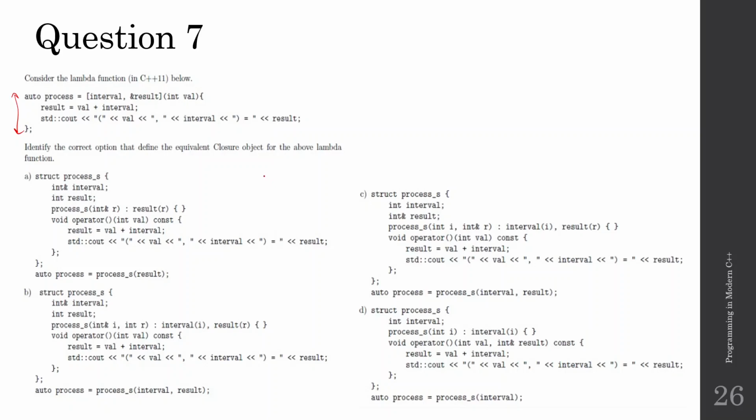So first let us understand what the lambda function is doing. In the lambda function we have a capture block where we are capturing interval by value and result by reference.